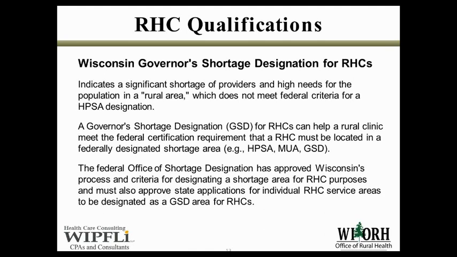I mentioned previously, initially the rural health clinic regulations allowed for the continuation of a rural health clinic even after its shortage area designation had expired or was repealed. Subsequent to that, there was a change in some of the regulations that opened the door for decertification of clinics in the event that the area no longer was a designated shortage area.